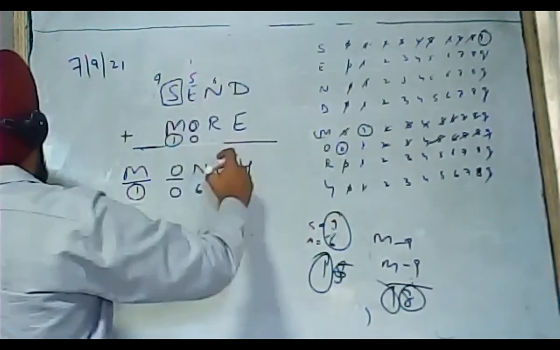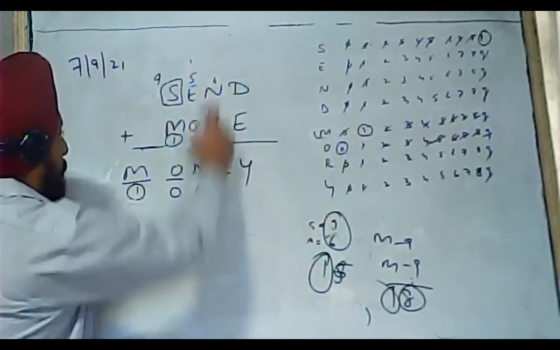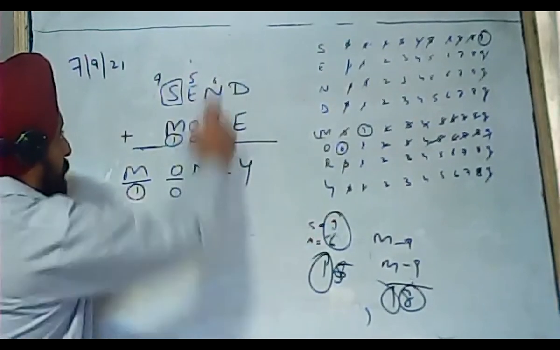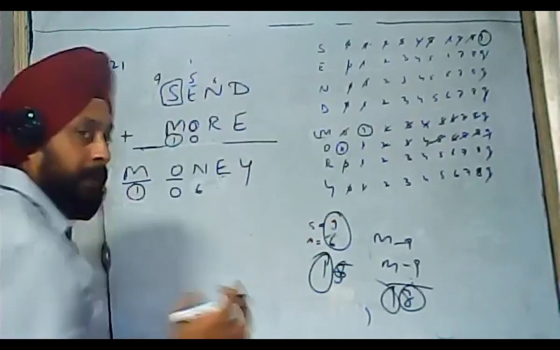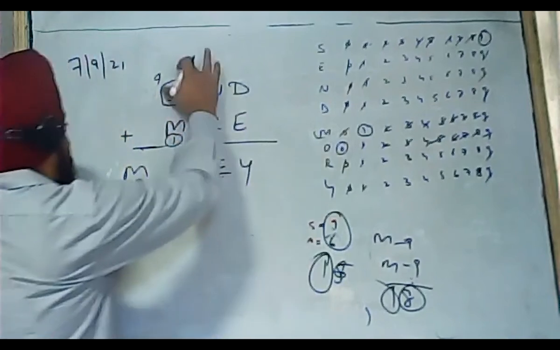If this is 6, this is 6, so it can be 6 plus something. It can result in 15 if some carry is there. So let us try with 5. It is hit and try. You have to try with another digit. So let us try with 5.